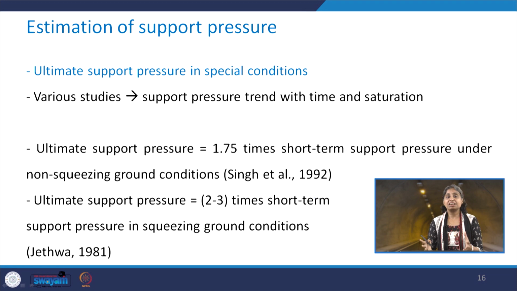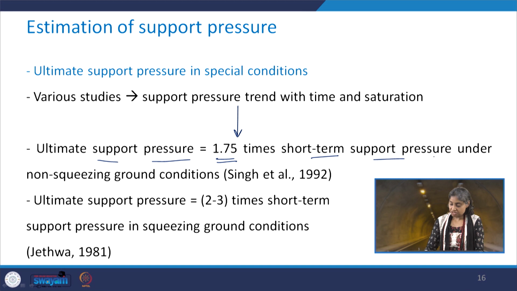Various studies were conducted where the support pressure trend with time and also with saturation was studied. From here, it was obtained that the ultimate support pressure can be 1.75 times the short-term support pressure under non-squeezing ground conditions.